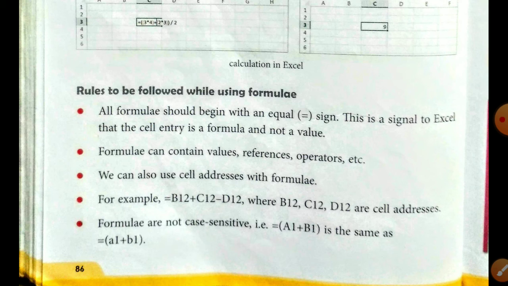Second, a formula can contain values, references, operators, etc. Next, we can also use cell addresses in a formula, for example equal sign B12 plus C12 minus D12, where B12, C12 and D12 are cell addresses.